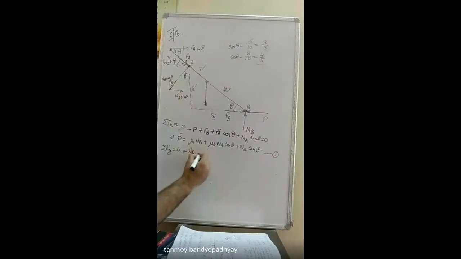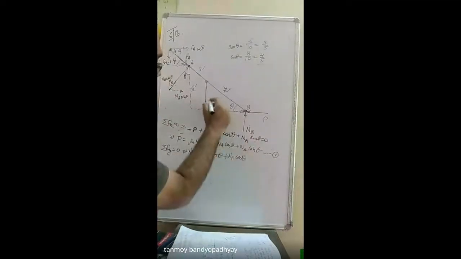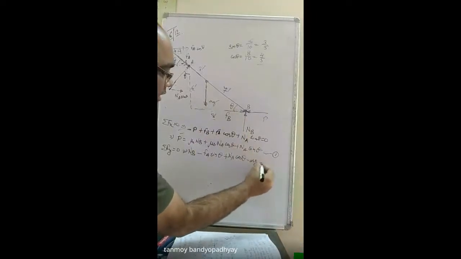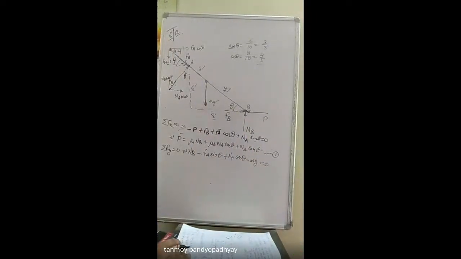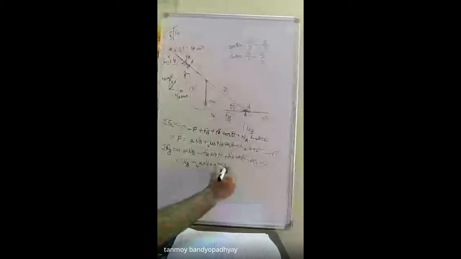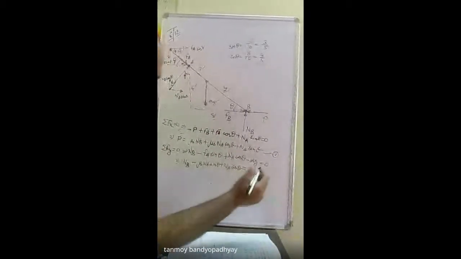So downwards means minus FA sin theta plus NA cos theta minus mg that is equal to 0. So this is another equation. So what you can do is again NB minus mu s NA sin theta plus NA cos theta is equal to mg.